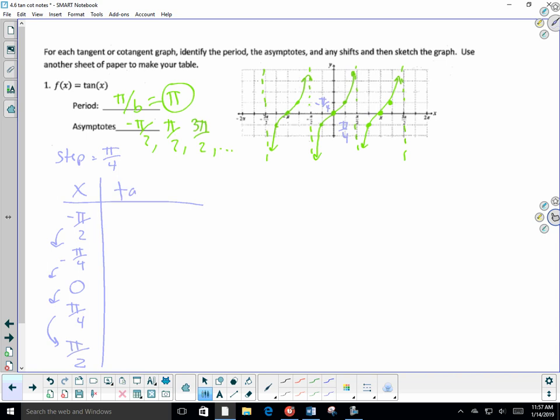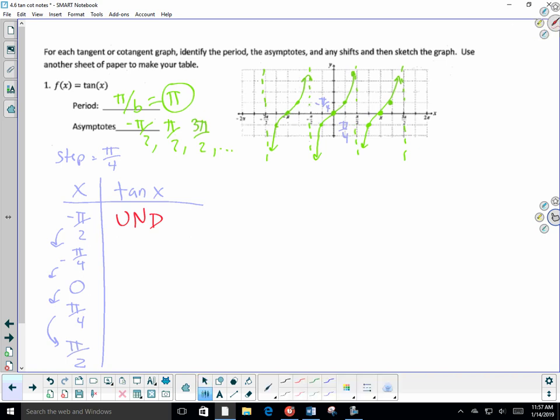So then my next column for tangent of x, these are going to be my key values for tangent. Well, I know that negative pi over 2, which is right here, there was a vertical asymptote there, right? So I know it is undefined. It's undefined over here at positive pi over 2 as well, where we had vertical asymptotes.